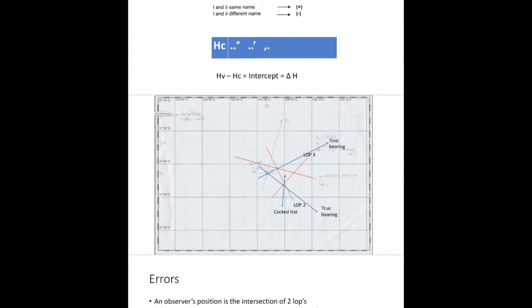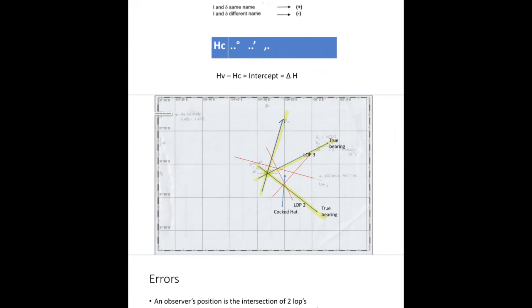You start here from your assumed position. And then from the assumed position, you have bearings. This is bearing number 1, bearing number 2, and bearing number 3.